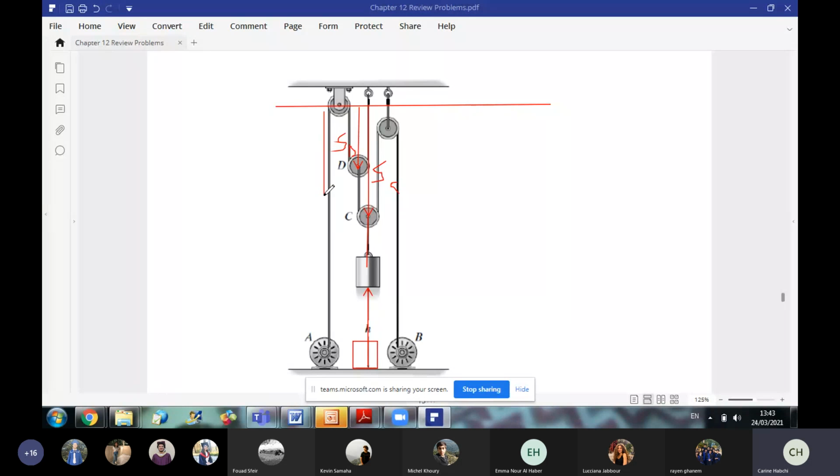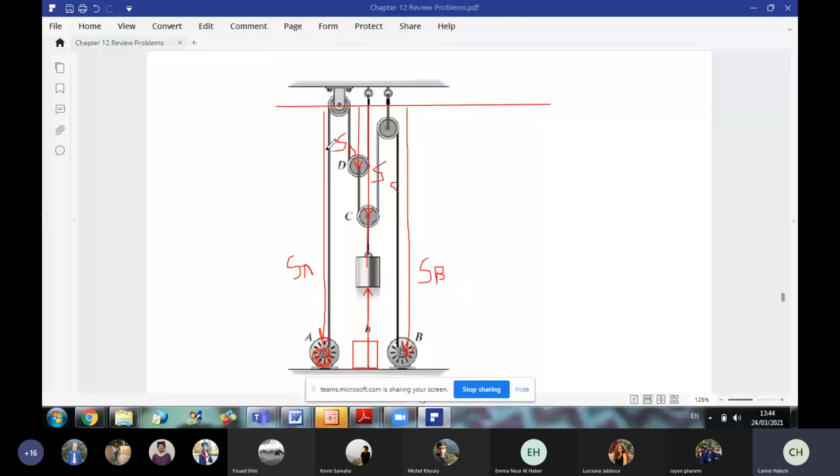So this is SA, which represents the length from here to here plus what is going inside motor A. And this is S of B. So in this problem, I have four coordinates: SA, SB, SC, and SD.